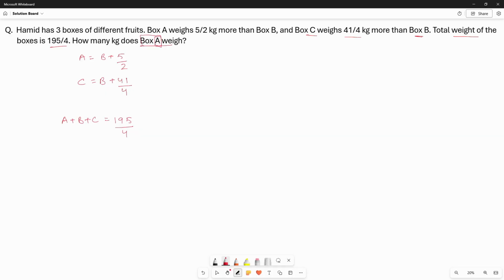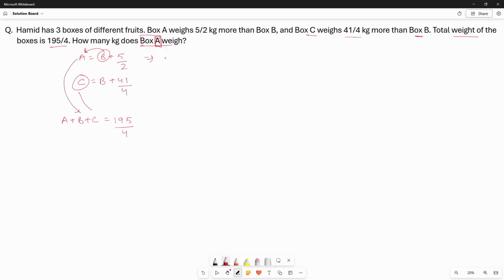As it has been asked that we have to find the weight of A, we will convert B and C in terms of A. We are going to write B and C in terms of A so that we can put C here and B here.